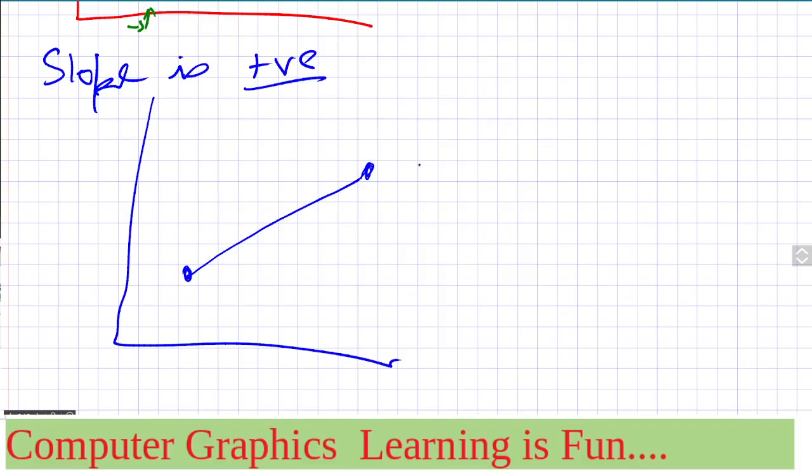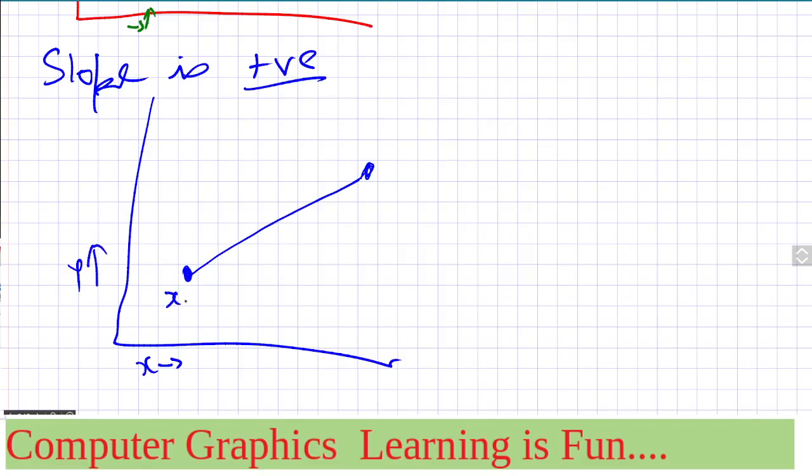So definitely there are two endpoints, starting from here to there. Now we have to determine the pixel position along the line. Here we have to keep track of x positions. This is y. This is the leftmost portion.